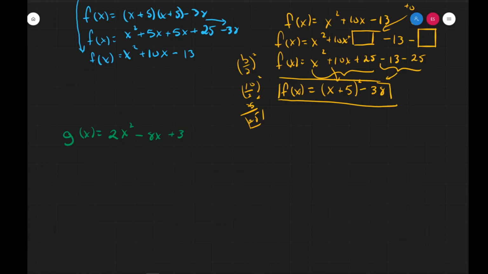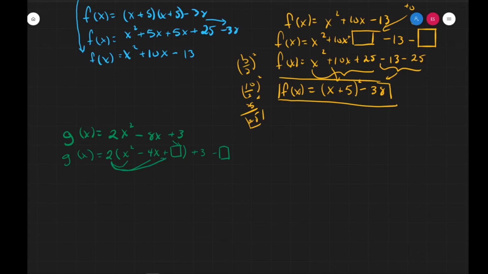Okay, so g of x, again, we're going to take this 3 and split it off, but we're going to factor a 2 out from these two terms, so 2 times x squared minus 4x plus some number in parentheses, and then we're going to leave the plus 3, and we're going to subtract some number on the outside. Okay, but remember that we are going to be distributing this 2 to all of these objects eventually.